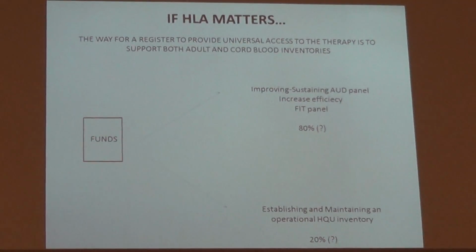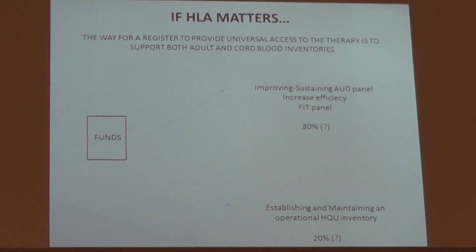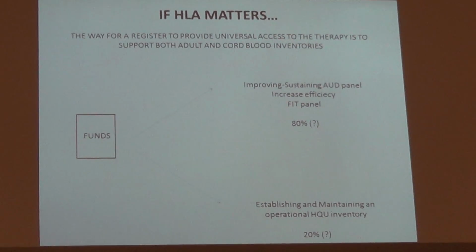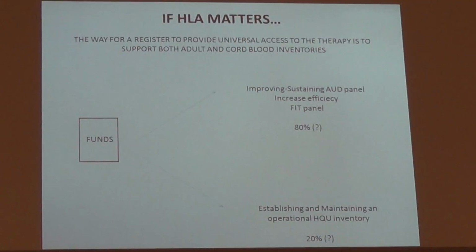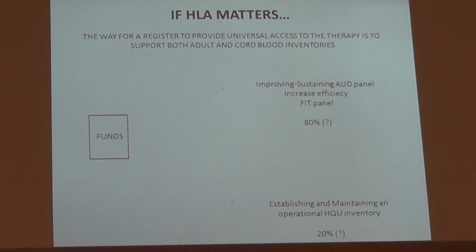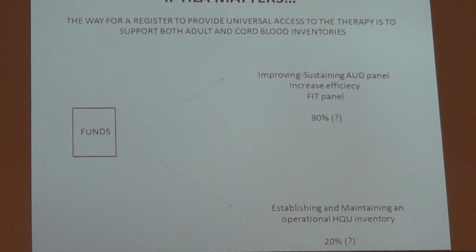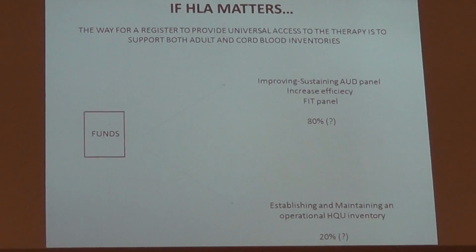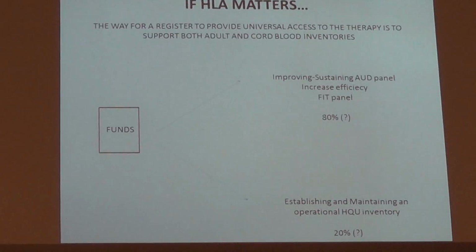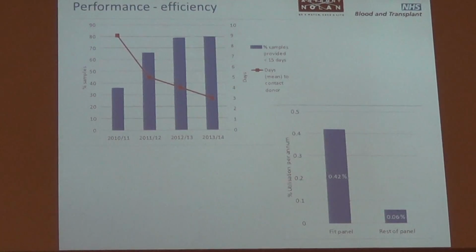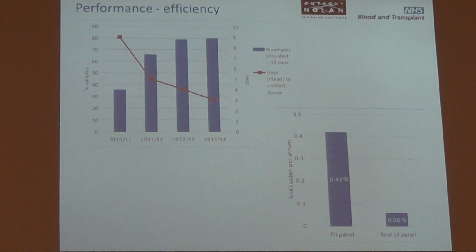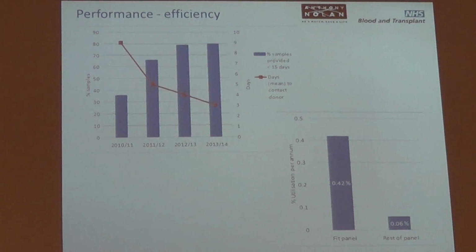So, if HLA matters, I think the registry strategy needs to look at both areas, both registries: enlarging the registry, sustaining the capacity, increasing the efficiency, but also establishing and maintaining an operational number of units available.